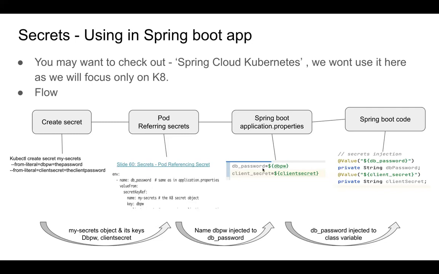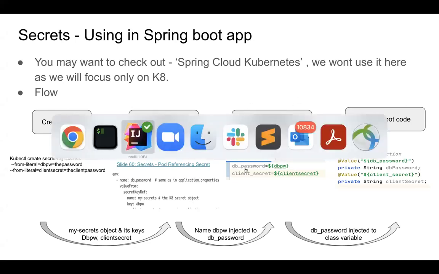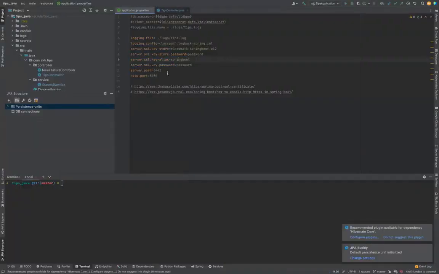I think this will not be used, because DB_PASSWORD is the environment variable we are creating from the pod, and it will get injected here. Below I will show you we are creating client_secret in the pod itself as an environment variable. Spring Boot will inject that into this variable. These variables appear in the controller. My mistake, I should not have mentioned this, so please ignore this part. So let's see this controller.